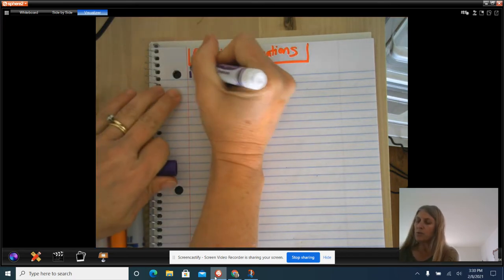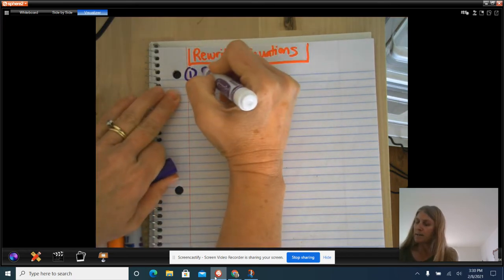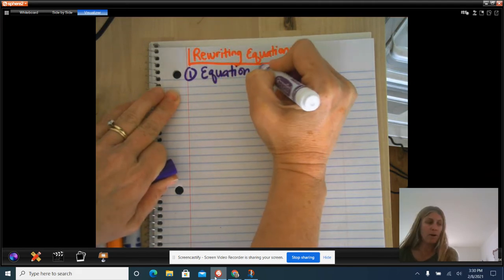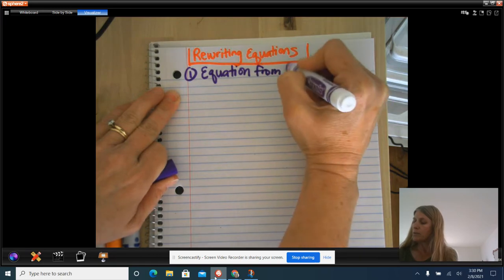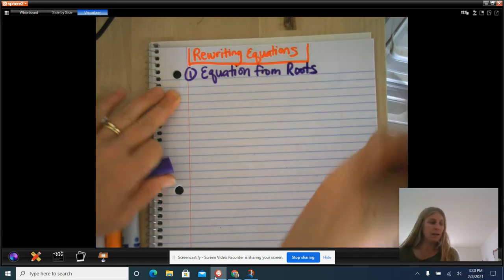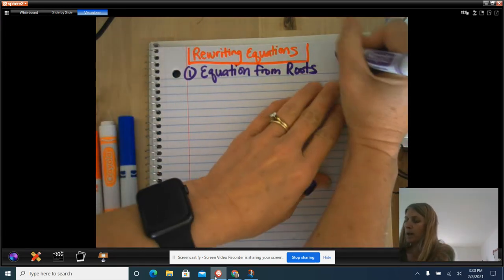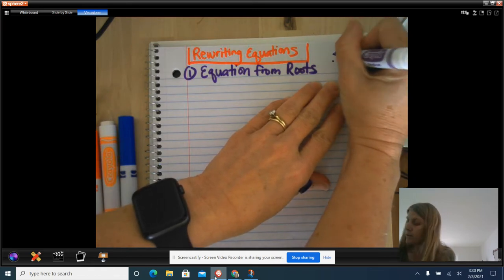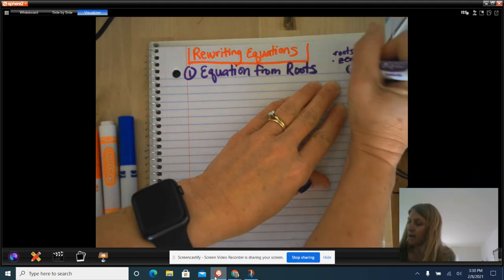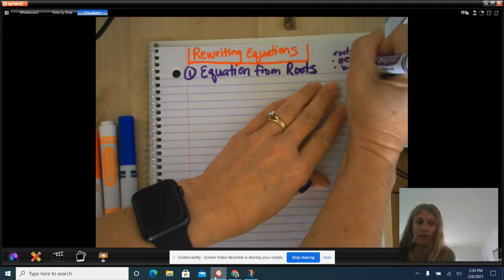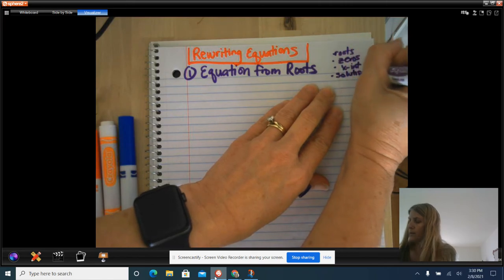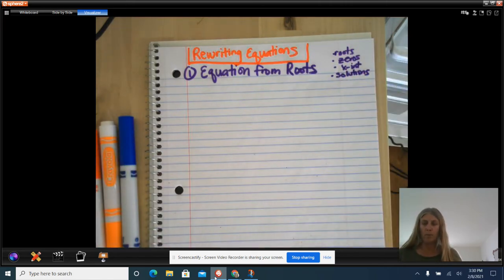The one that we're going to use more frequently is getting your equation from the roots. Now remember, we can call them roots, we can call them zeros, we can call them x-intercepts, or we can call them solutions. So whatever we're talking about, where the parabola crosses the axis.